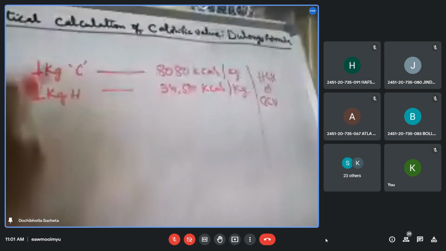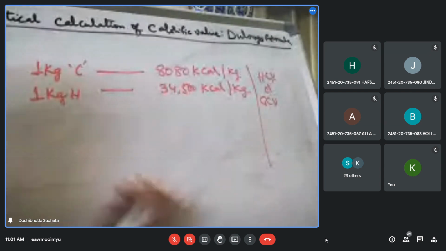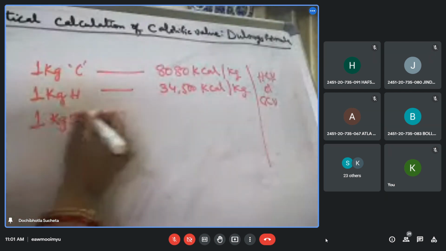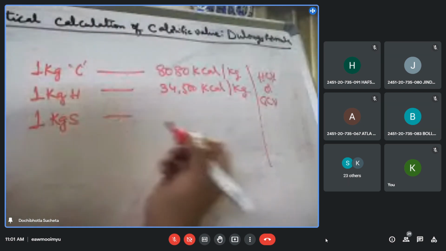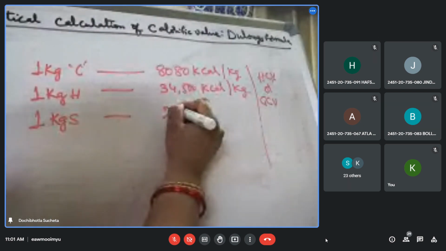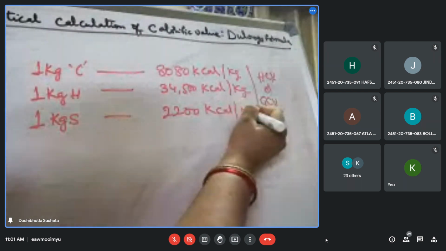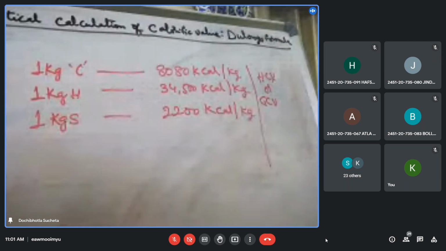Next, if they burnt 1 kg of sulfur, how many calories of heat did they get? 2,200 kilocals per kg of heat energy.